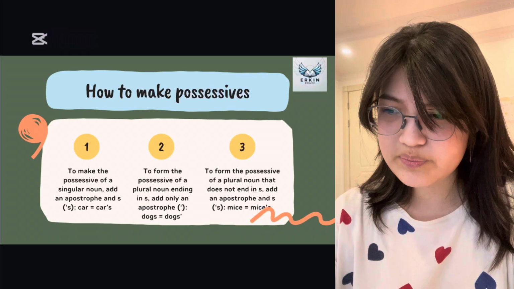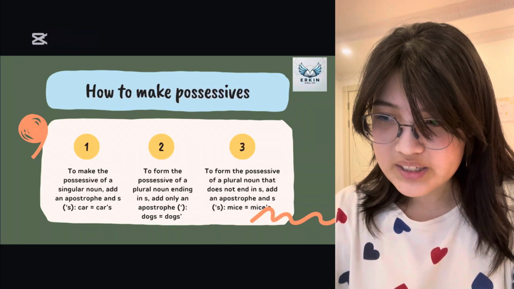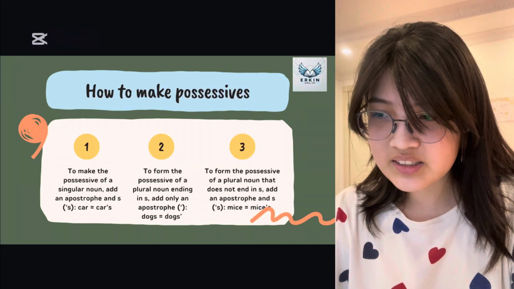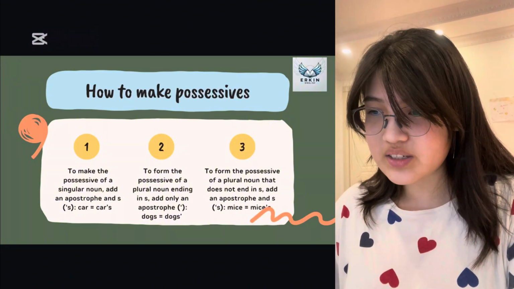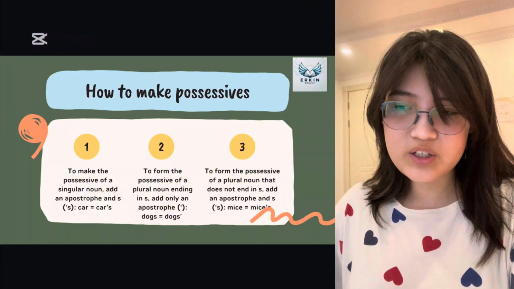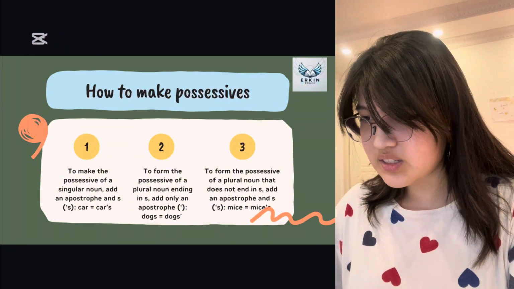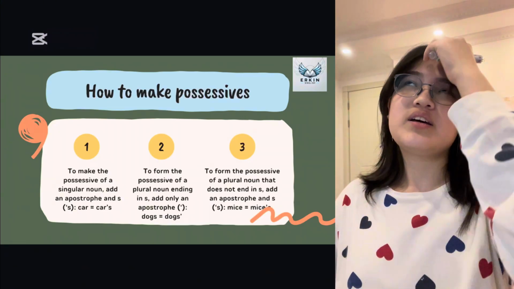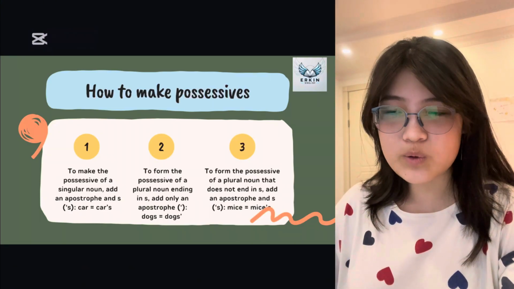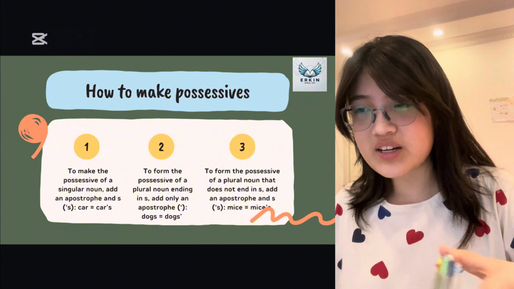And because of that, the word mice doesn't have the letter S in the ending, so we can't use the rule where we only use an apostrophe. So we say mice's. For example, the mice's cheese, the mice's coal, the mice's house, anything else that belongs to this multiple of mice.